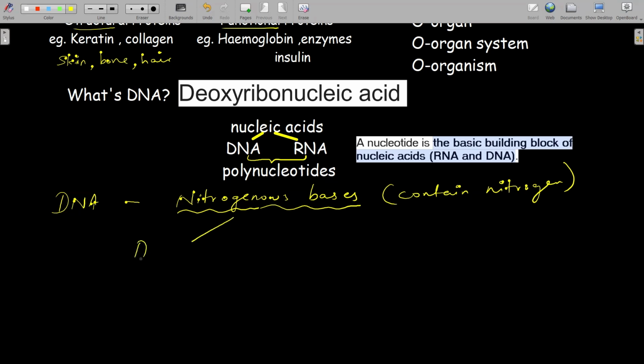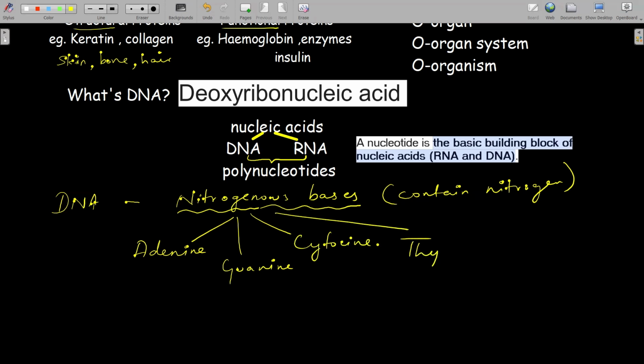They are adenine, guanine, cytosine, and thymine. There is another base called uracil, but this uracil will not be found in DNA.